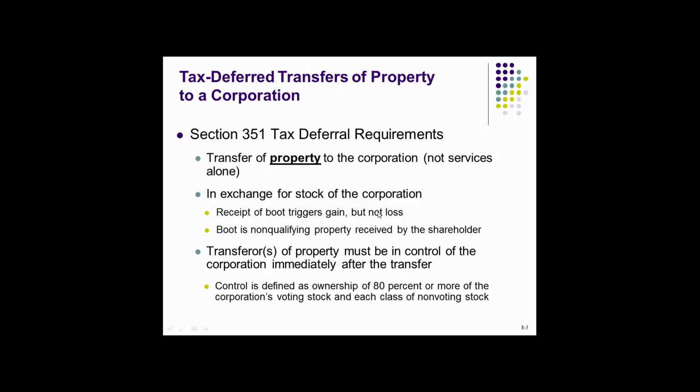Receipt of boot triggers a gain, but not a loss, and boot is non-qualifying property received by a shareholder. And then finally, the transferors of the property must be in control of the corporation immediately after the transfer. Control is defined as 80% or more of the corporation's stock, voting stock, and each class of non-voting stock.